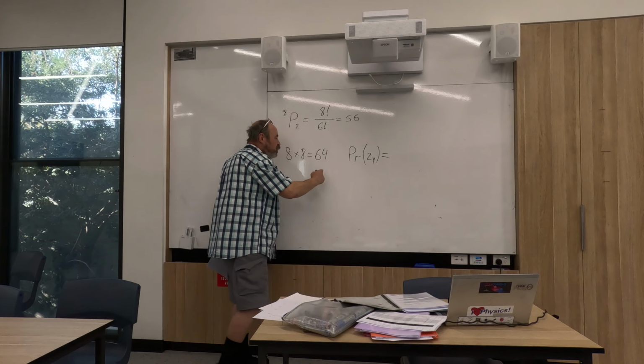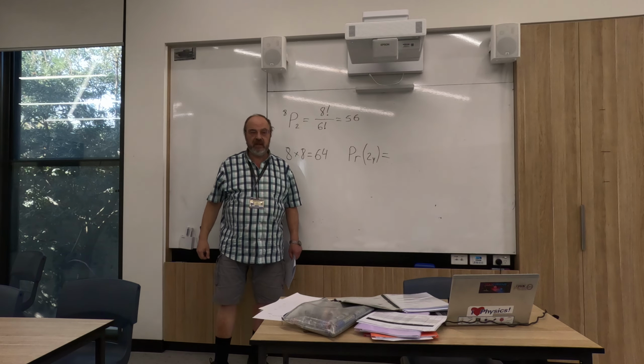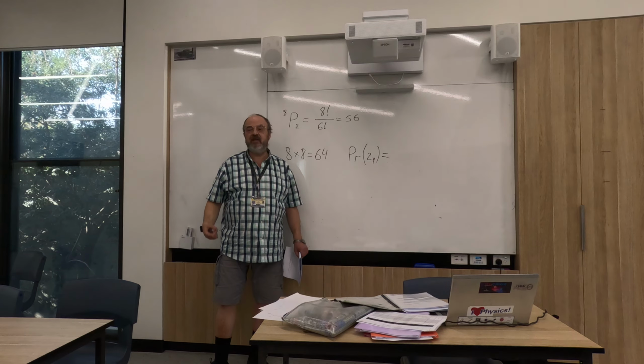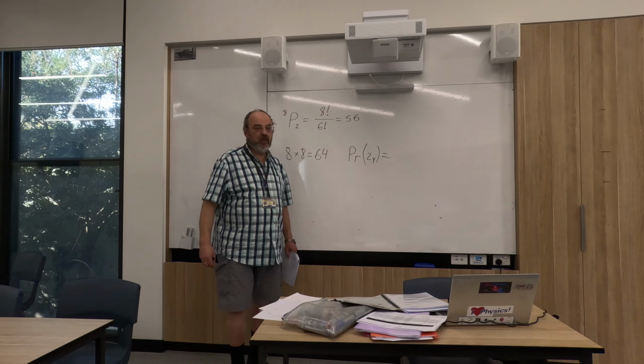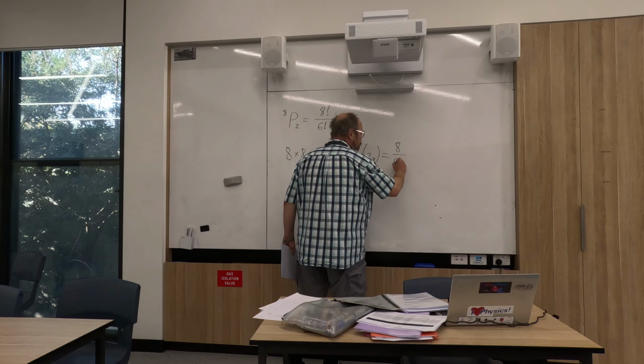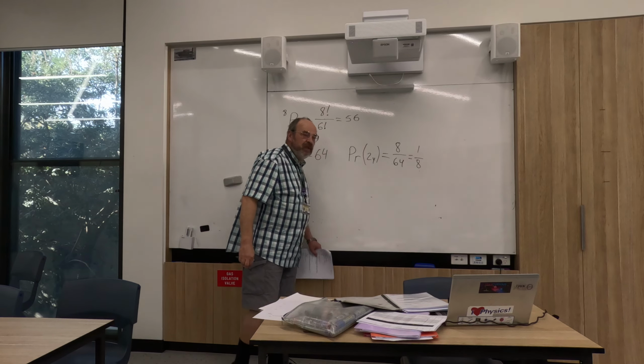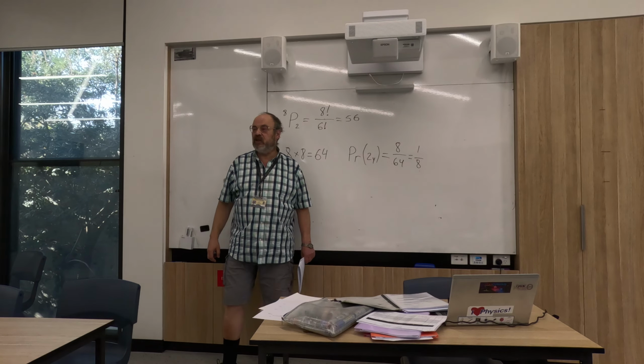We have altogether 64 possibilities. Out of them, 8 are the same person. So the probability is 8 over 64, which is 1/8.